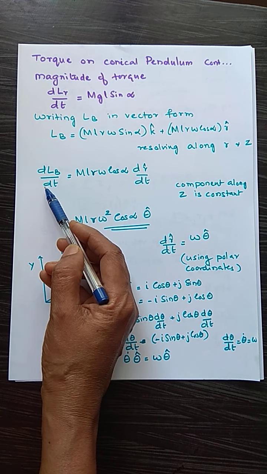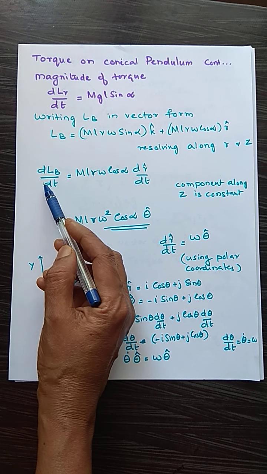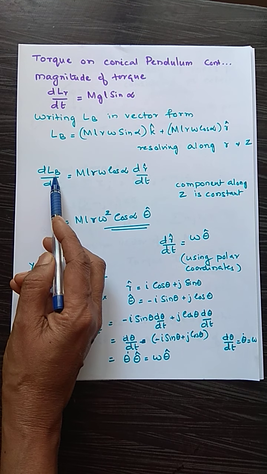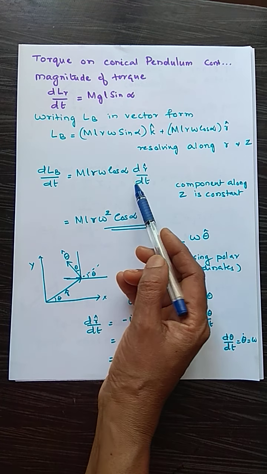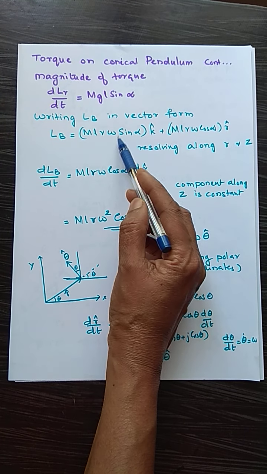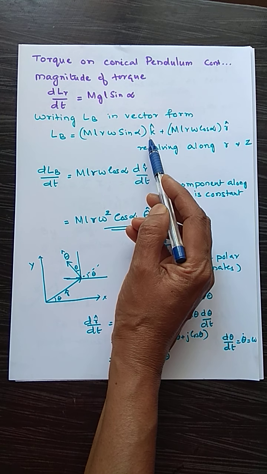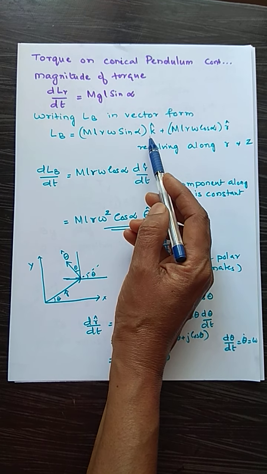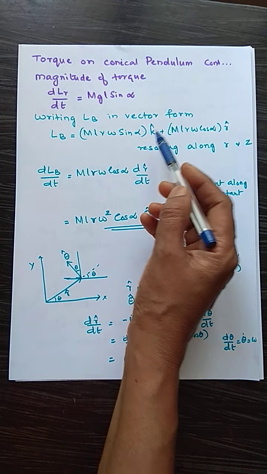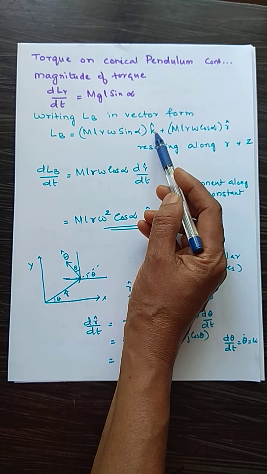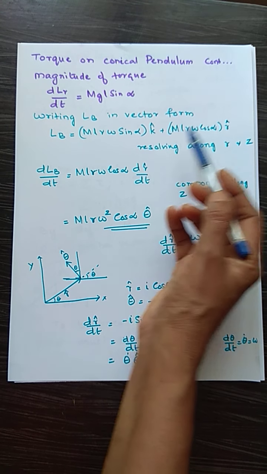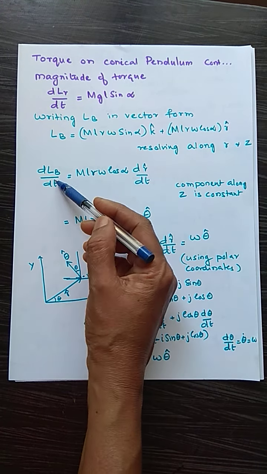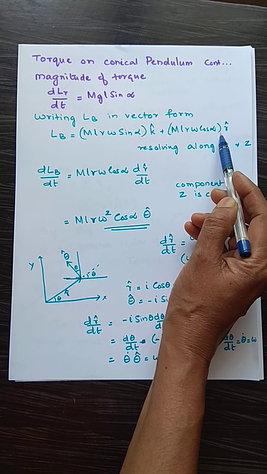Now the rate of change of angular momentum, dL by dt. Along the z direction it is not changing, as we have mentioned. So this is not changing, which means the rate of change will be 0. So the component which appears in this rate of change is only the radial component.